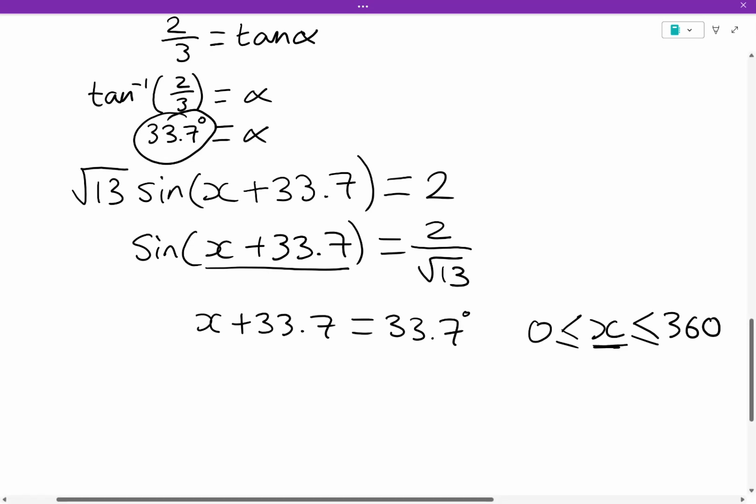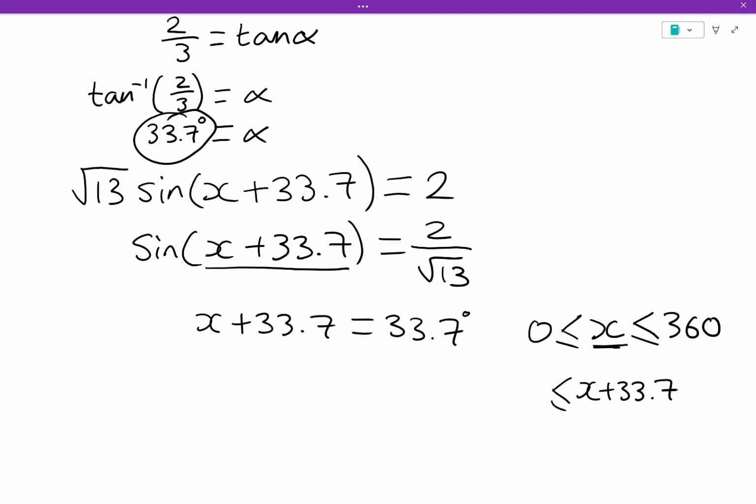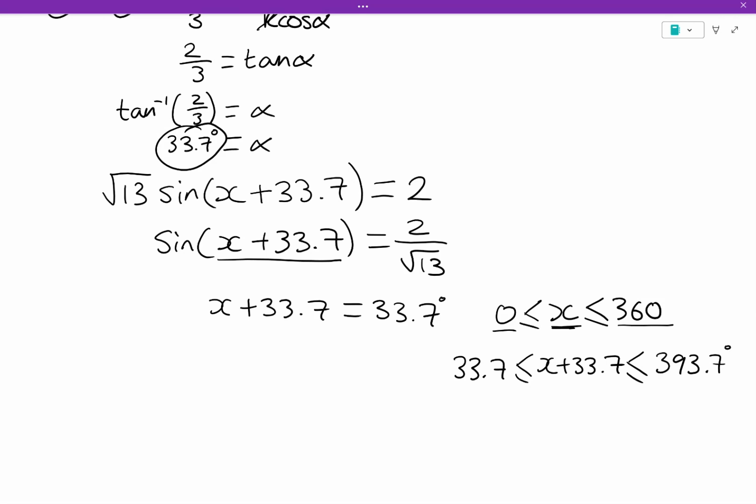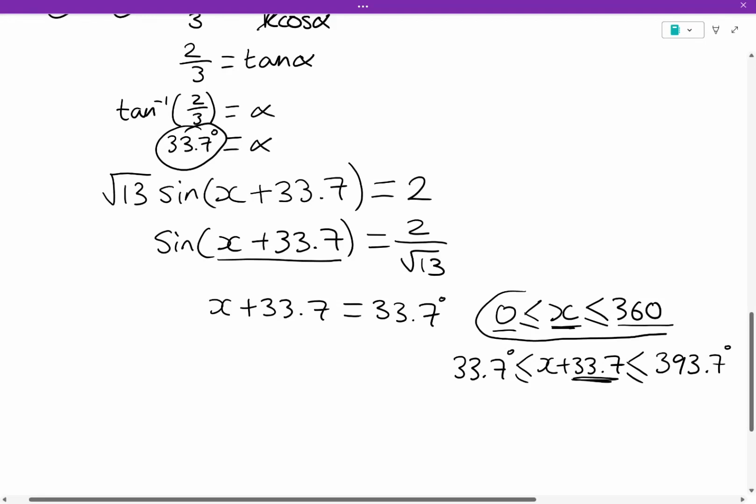Instead of having x here, I need to have x plus 33.7, so I'm going to add 33.7 like that. I need to add 33.7 to the 0, which gives me 33.7, and then add it to the 360, which is going to give me 393.7. The initial angles I'm finding have to be between 33.7 degrees and 393.7 degrees, so that when I subtract away 33.7, we'll get our 0 to 360.